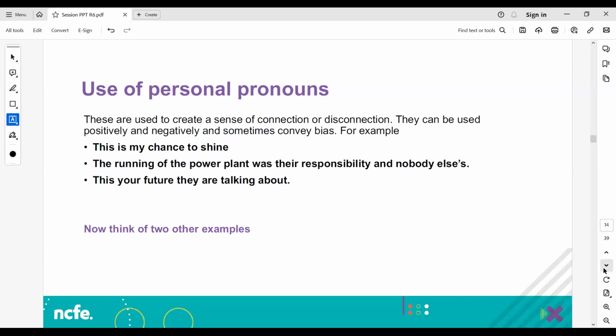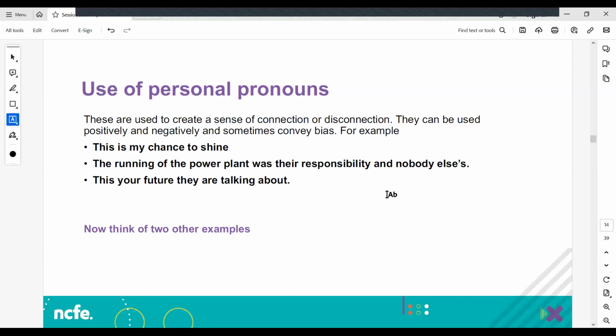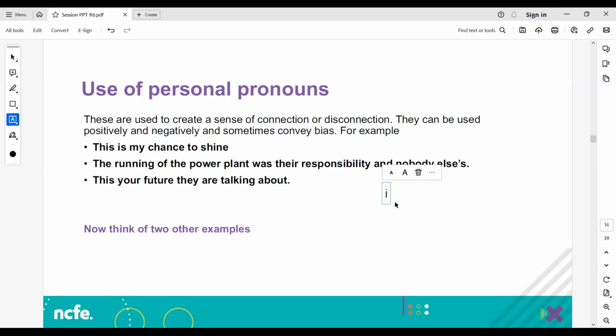Okay. Does anyone have any questions about using personal pronouns for effect? Does anyone have any examples they could share with us? Okay, so another example could be, something's gone wrong and somebody says it was your plan that caused this.